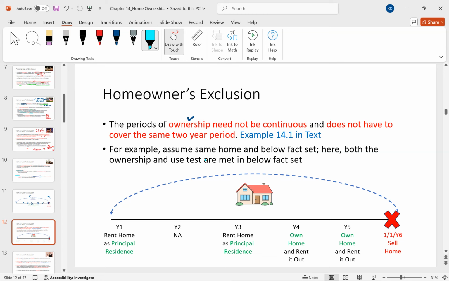Here, both the ownership and use test are met. We owned it in year 4, year 5, so we met the ownership test, and in years 1 and 3, we met the residence test. So we met the ownership test, we met the use test. Well, we can exclude the gain there.